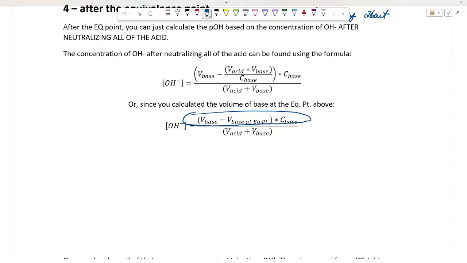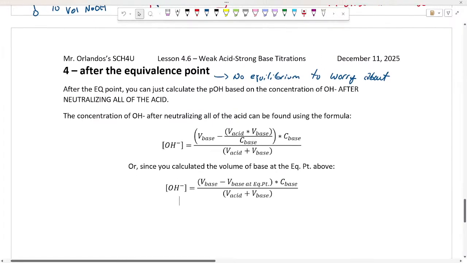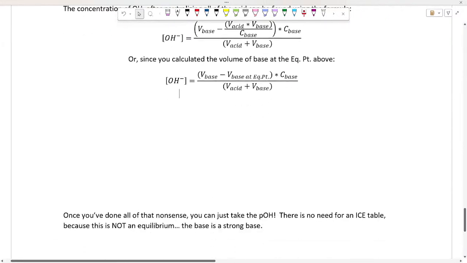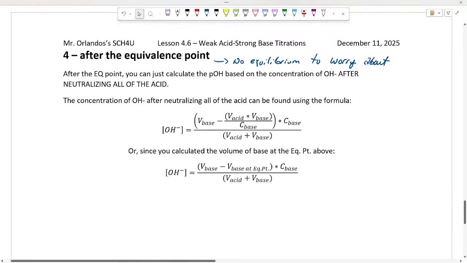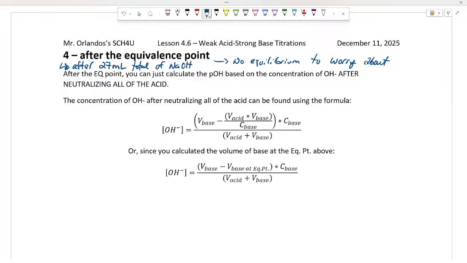Everyone look at me. All the base that we used up to and including the equivalence point has been gone. It's gone. It's reacted away. Does that make sense? So we have to subtract that away. Now if we've added, let's say, after 27 mils total of NaOH, how far past the equivalence point is that?